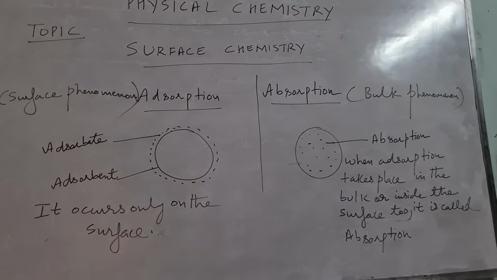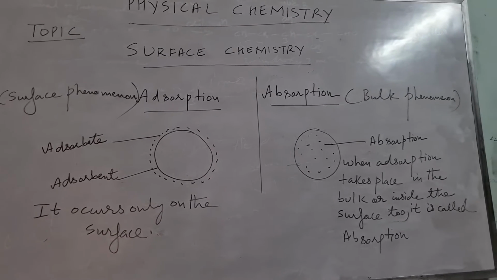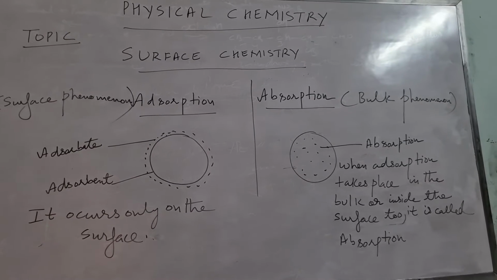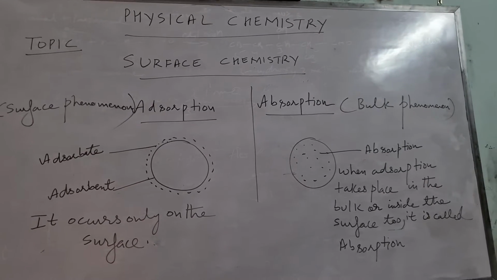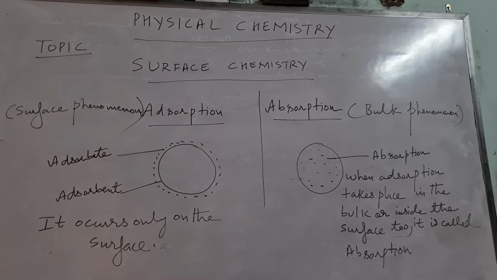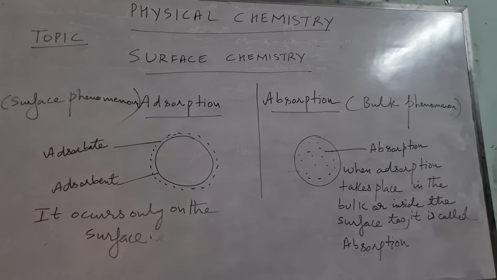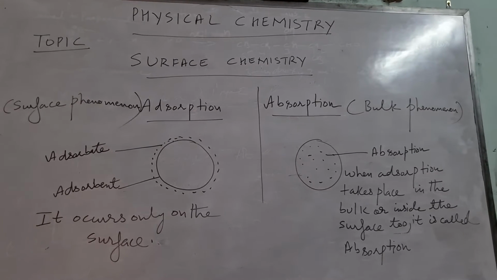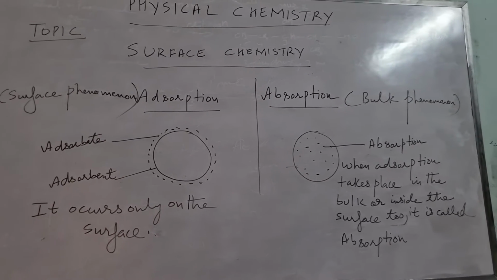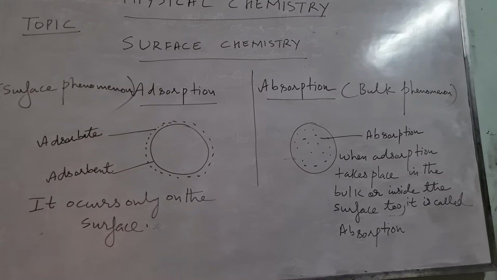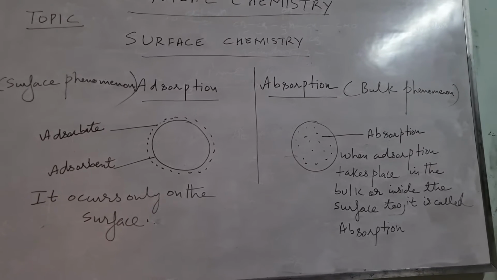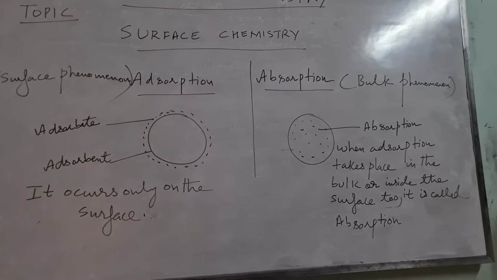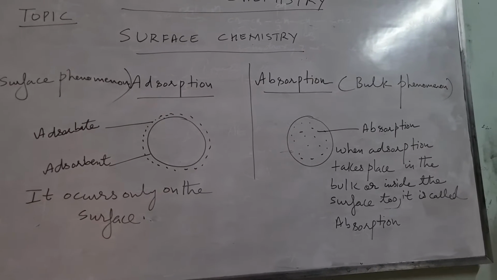Now the next topic we have: what are the factors which affect adsorption? The factors which affect adsorption are as follows. Number one, nature of the adsorbate and nature of the adsorbent. If there is a strong attraction between adsorbate as well as adsorbent, the adsorption rate will be very high.